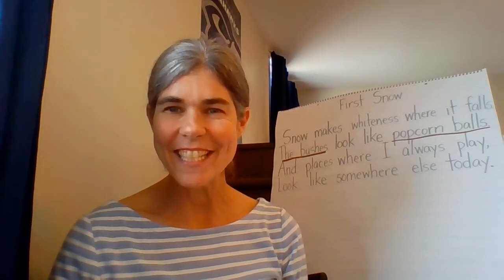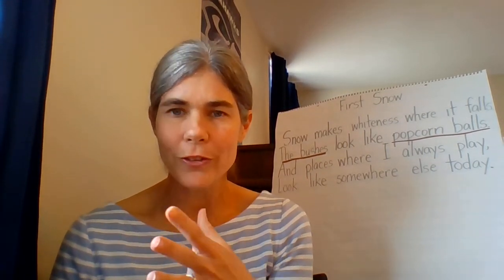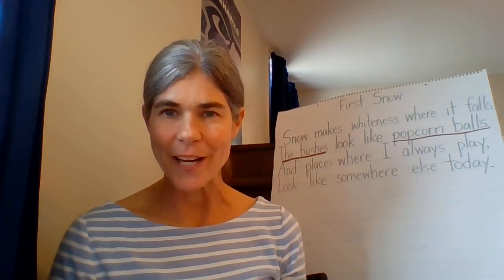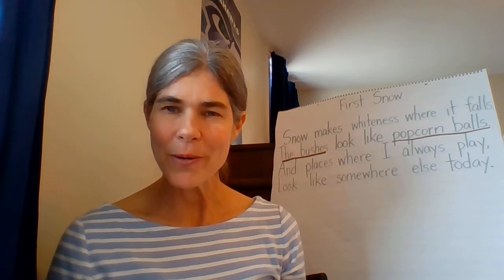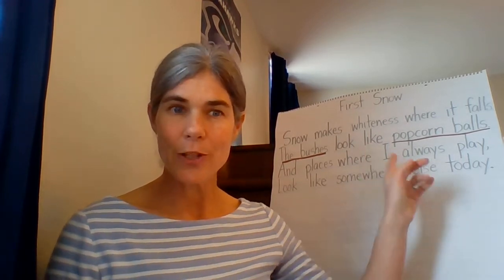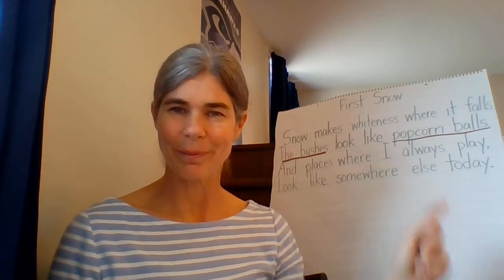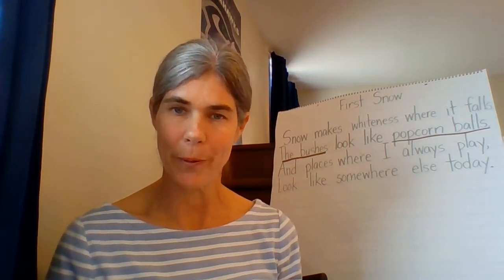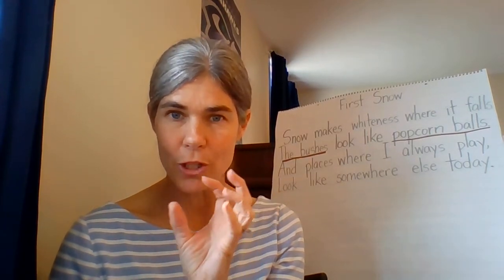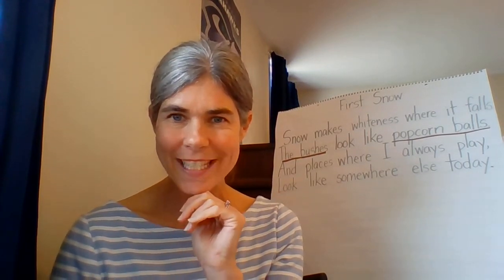So, in this poem, which is about that wonderful feeling you have when you see snow transforming your neighborhood, the poet compares the snow-covered bushes to popcorn balls. I don't know if you've ever had a popcorn ball, but it's kind of like candy popcorn in a ball shape. And can't you just see it?